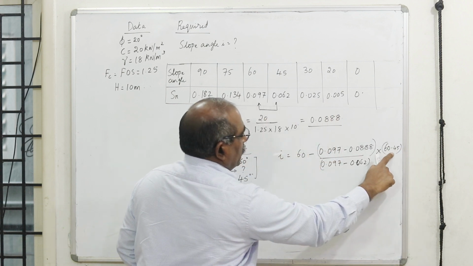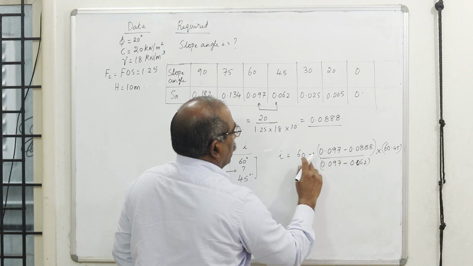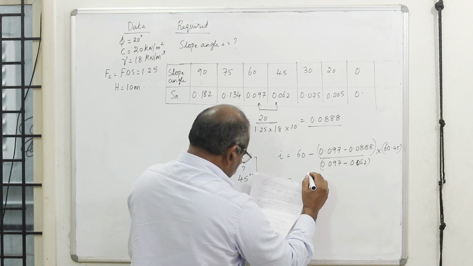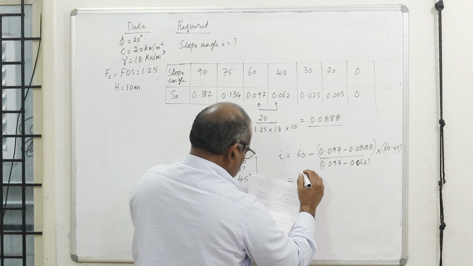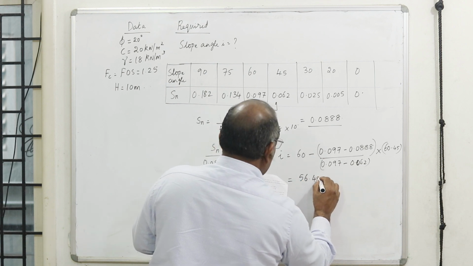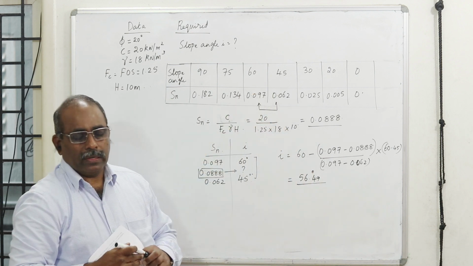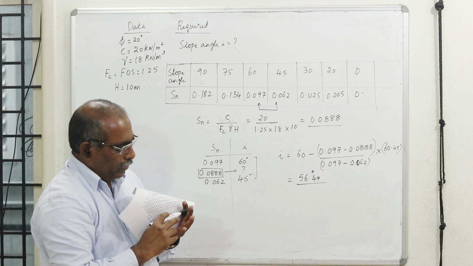For a difference of 60 minus 45, this is the difference. For so much difference, what is this value? Therefore, I get 56.49 degrees. Therefore, it is reasonable. It is between 60 and 45. This is a very simple example.